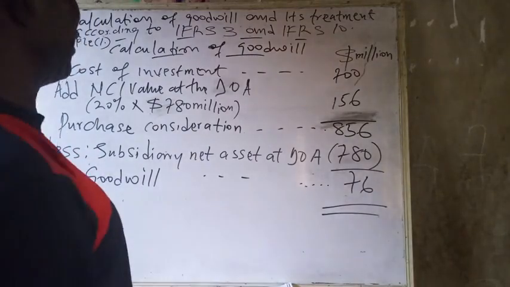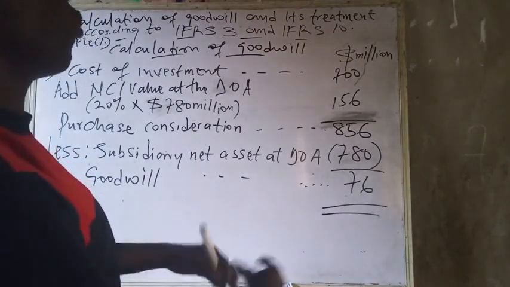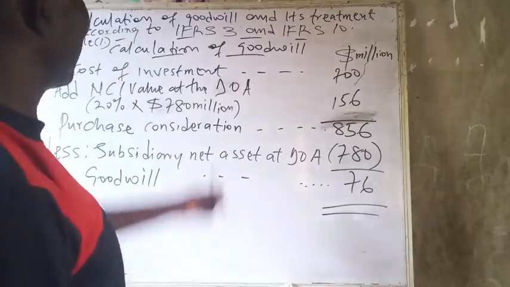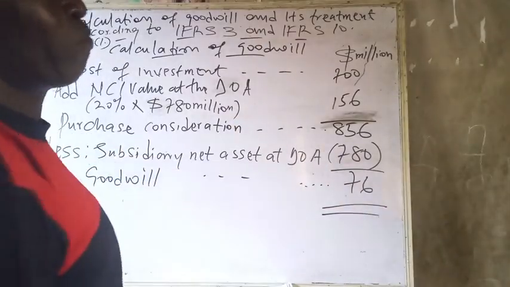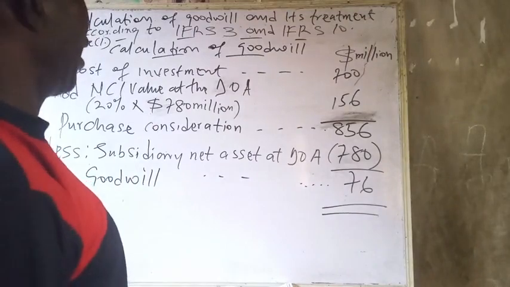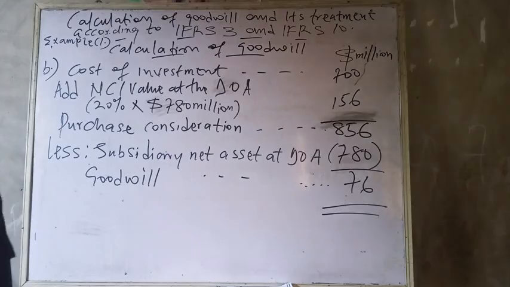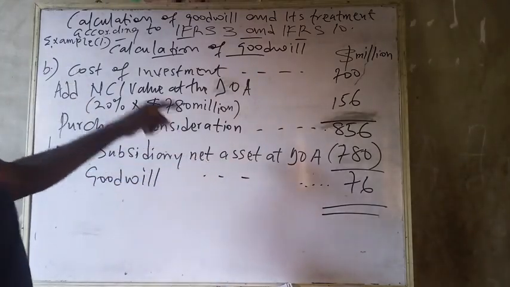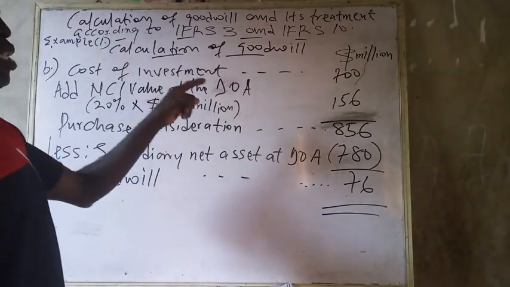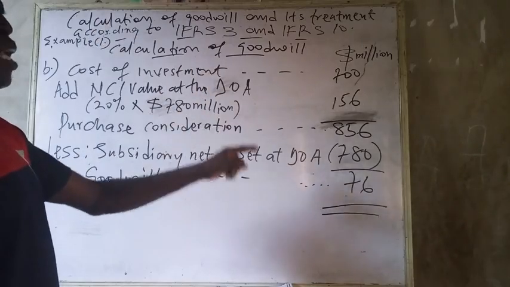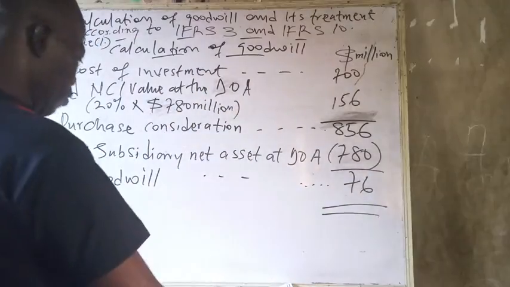Like I said in the introduction, if you have wondered how goodwill is calculated in the group account, this is it. This is the breakdown of it, and that is the explanation I've given. So that is the B part. This is the calculation, and the question asks how it is treated according to IFRS 3 and IFRS 10.